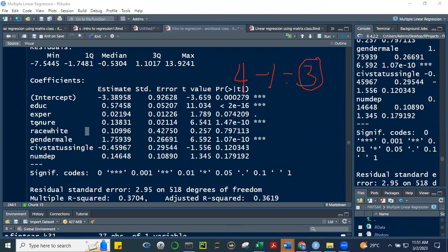Makikita nyo, kunyari dito, year level sophomore, year level junior, year level senior. Okay? So wala dito sa mga variables na i-generate niya si frosh. Bakit? Frosh appears first alphabetically. So, it will be treated as the benchmark variable.